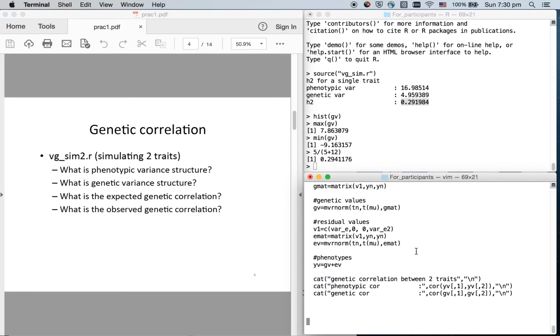Then the residual value here is the same as before in the single trait. That means there is no covariance structure. Okay. Then the phenotype is simulated as before. The phenotype is genetic value plus residual values. Okay.